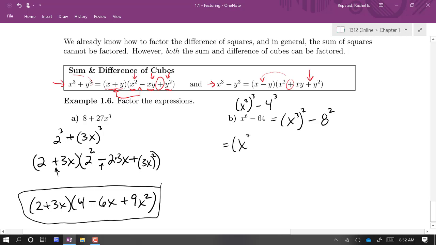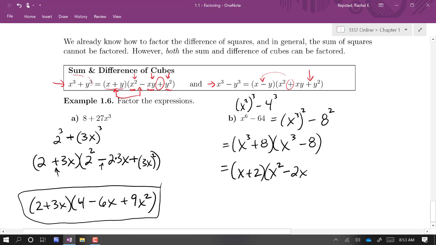So this is x cubed plus 8 times x cubed minus 8. Now each of these can factor further. We have a sum of cubes and a difference of cubes because 8 is 2 cubed. So the first one we'll factor as x plus 2, and then the big factor, x times x, that's x squared, one of each, 2x minus 2x.